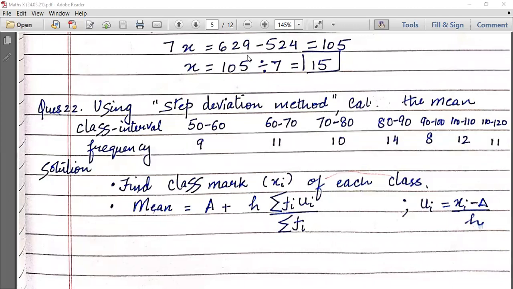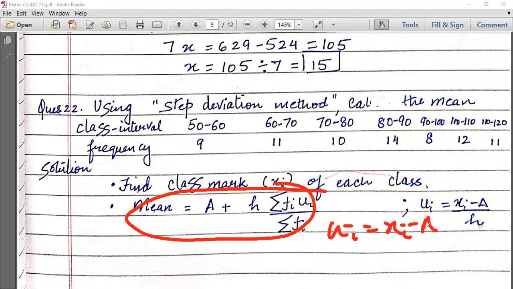In this question, first you have to find the class mark of each class, and then use the formula. You know the formula of the step deviation method to find the mean: a plus h times summation fi ui upon summation fi, where ui is xi minus a upon h. a is your assumed mean and h is the class size.